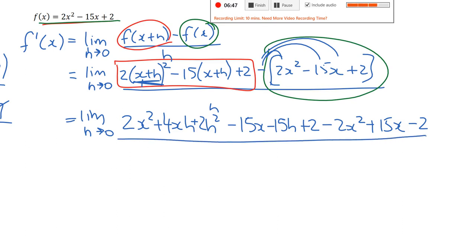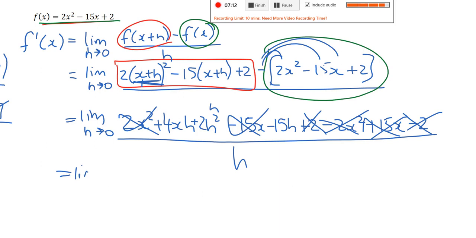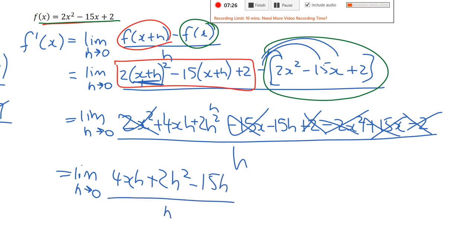This is all divided by h. Now this commonality is 0. The 2 and the 2. That one, that one. Anything else? Positive 15x, negative 15x. Is that it? Which leaves me with now the limit as h tends to 0 of 4xh plus 2h squared minus 15h, all over h.